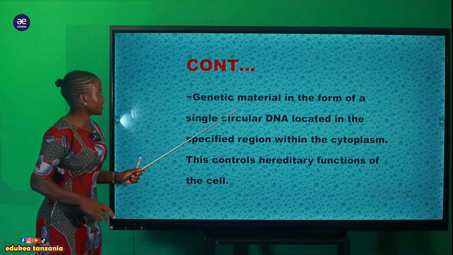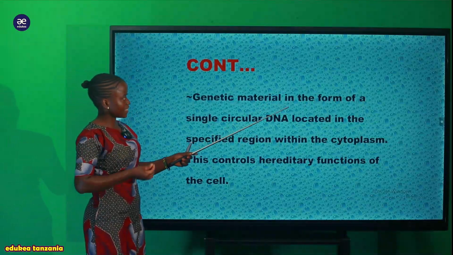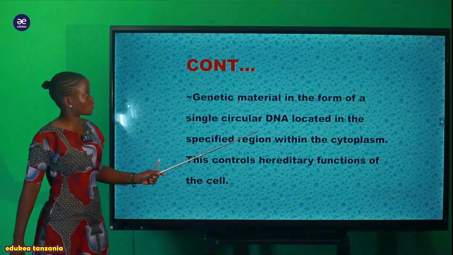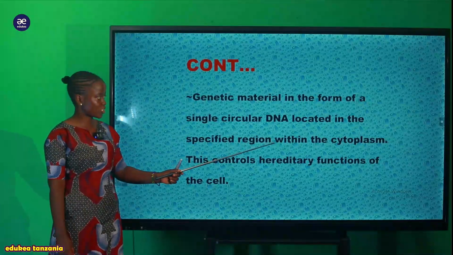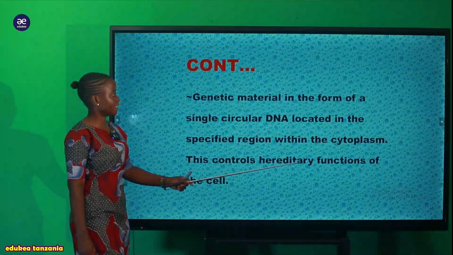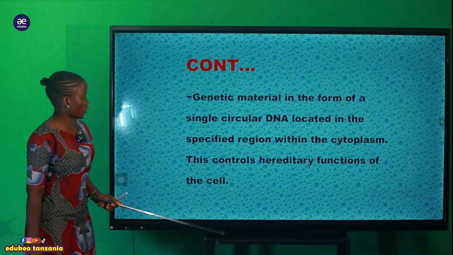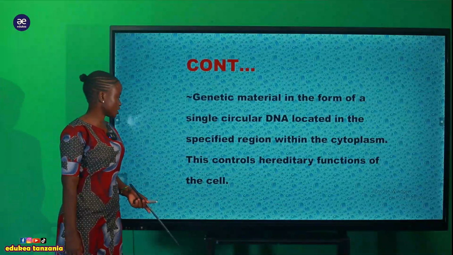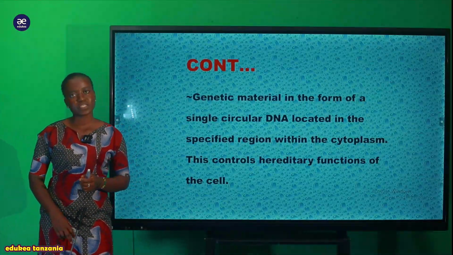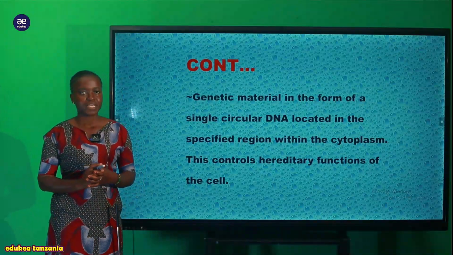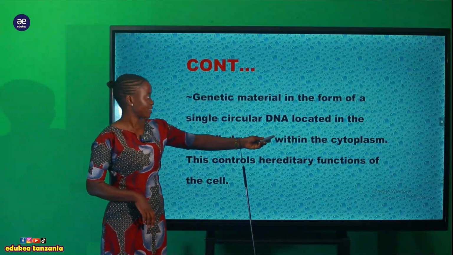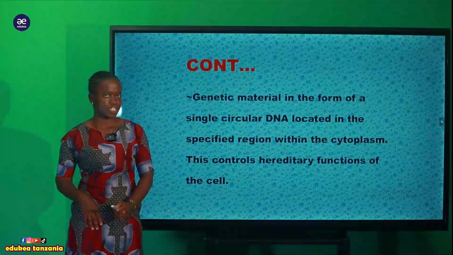Also, we have another thing, that is genetic material in the form of a single structure located in a specified region within the cytoplasm. This controls hereditary functioning of the cell. So also within the structure of this organism, they have a structure ambayo inaitwa DNA.